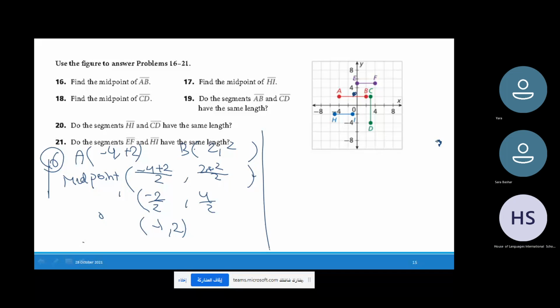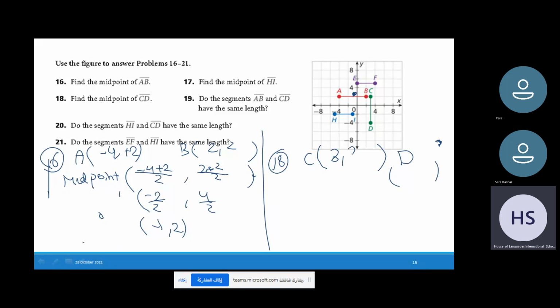Now, let's solve number 18. Can I solve it, please, with you? Yes. 18. What is the coordinate of C and D? Bravo. 3, 2. And D? 3, -4. 3 plus 3, 6 over 2 equals 3.